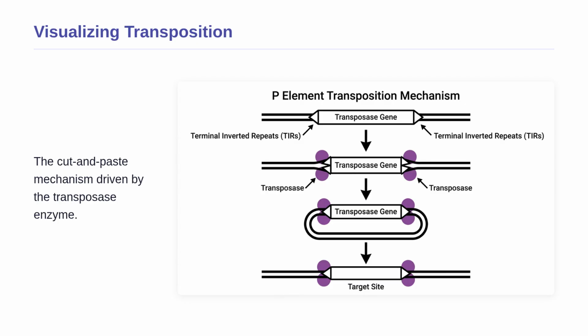As we follow the arrows downward, the enzymes bring the ends together, looping the DNA and cutting the entire element out. Finally, at the bottom, you see the target site. The transposase enzyme is pasting the excised P element into this brand new DNA location. This clear cut and paste action is exactly what drives the genetic changes we will discuss next.